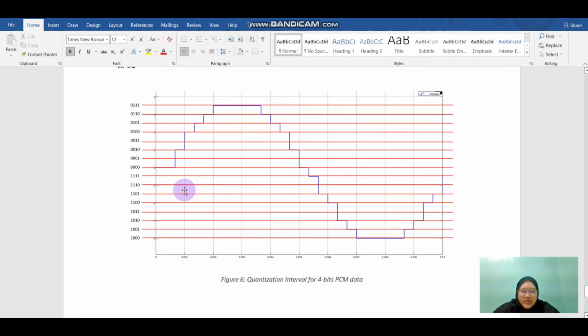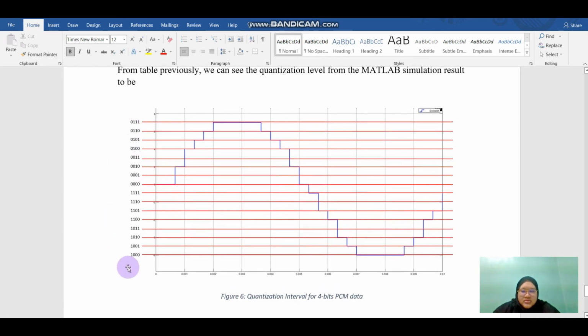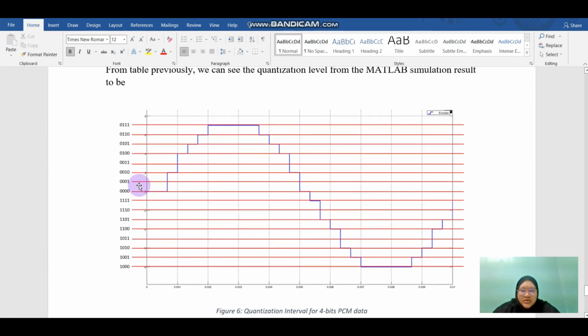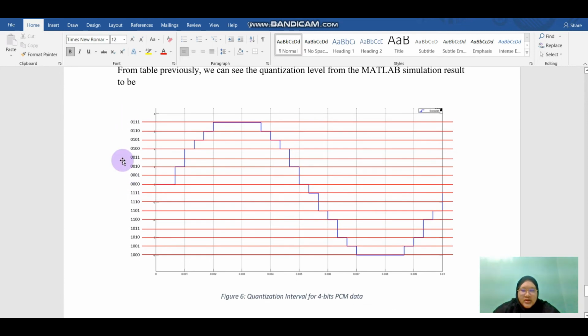As you can see from the data, I arranged all the binary bits, and for 0 until 7, it follows the binary bits 0000, 0001, 0010 until 0111, and then after that it continues at the lowest level, which is negative 8 with 1000, up to negative 1 with 1111. Because we use 4 bits, there are 16 quantization levels.